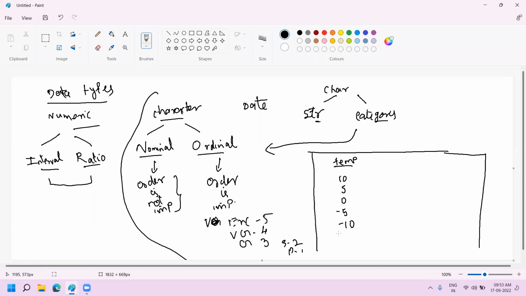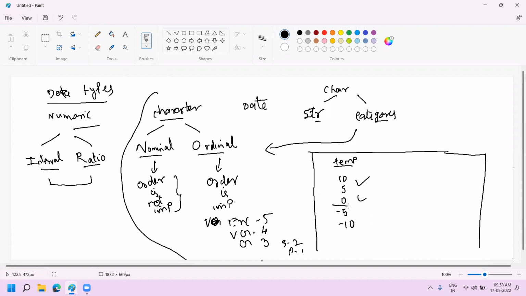Now, if you look at this data, do I know the difference between the two rows? The difference of temperature, how much is it? 5. So I know that value, isn't it? Because I have segregated the data based on that difference. So I know the difference.